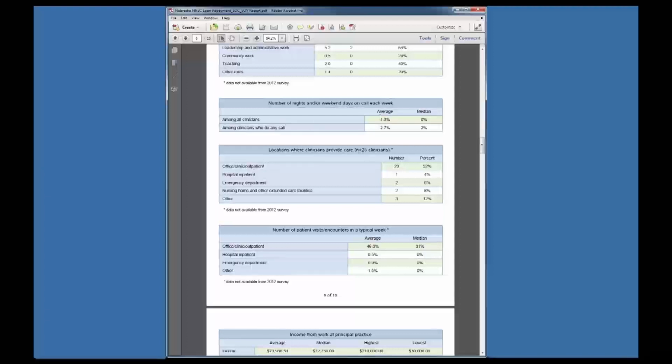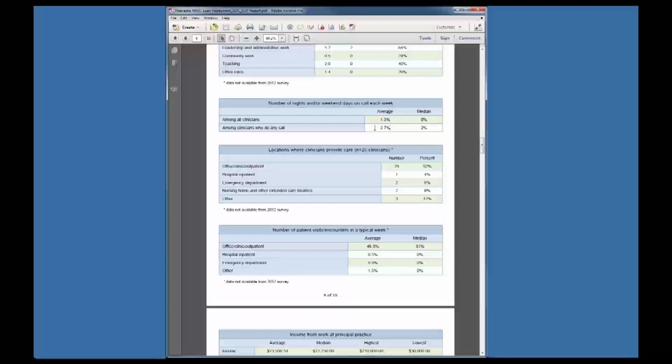Among all clinicians, the average is just 1.3 nights on call a week, and the median is 0, meaning half of people do not do any call. But remember, these are mental health folks and dentists and maybe some others who would not be doing call. And among just clinicians who do any call, their average is 2.7.